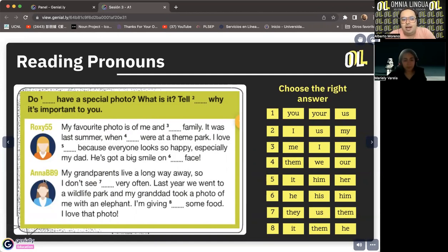Anna BB9 says, my grandparents live a long way away, so I don't see them very often. Last year, we went to a wild park and my granddad took a photo of me with an elephant. I am giving it some food. I love that photo.